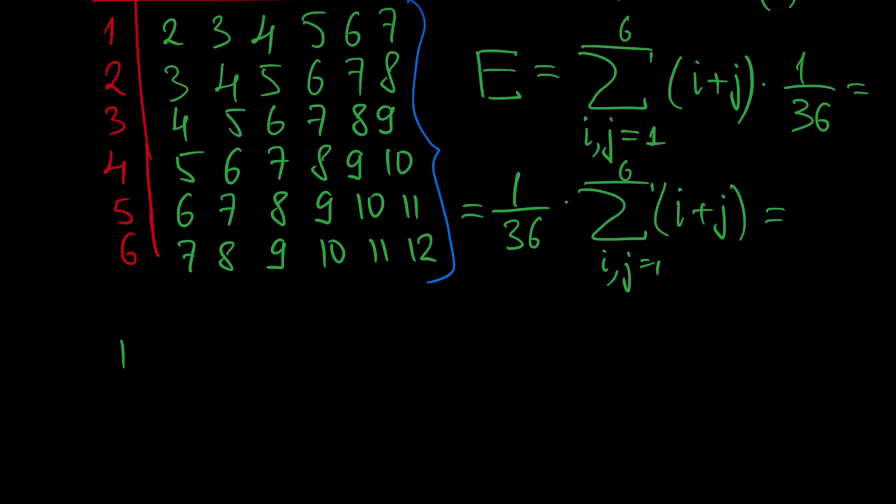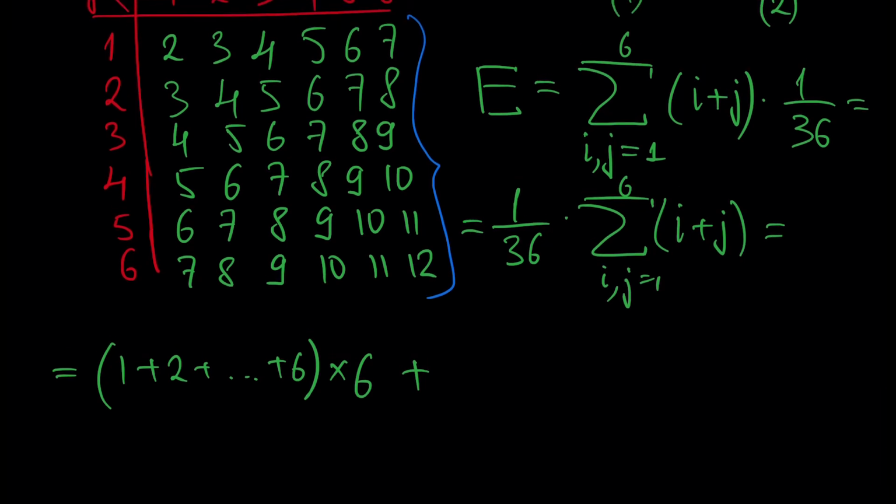This is 1 plus 2 plus so on plus 6. This is 6 times, okay? And plus, because we have shifts here, shifted by 1, by 2, by 3, and so on, we have 6 times because we have 6 rows, and the first shift is 1, the second shift is 2, and so on, plus 6.